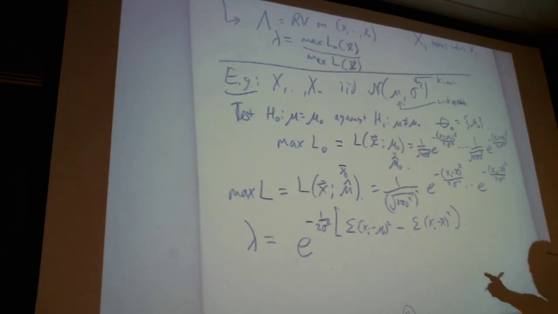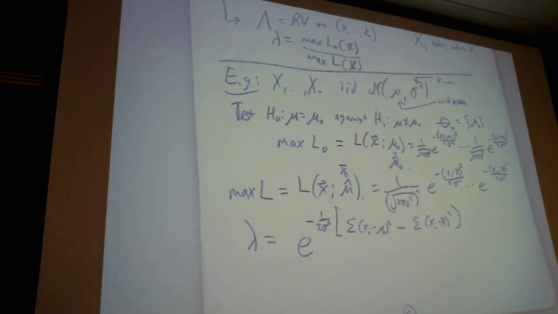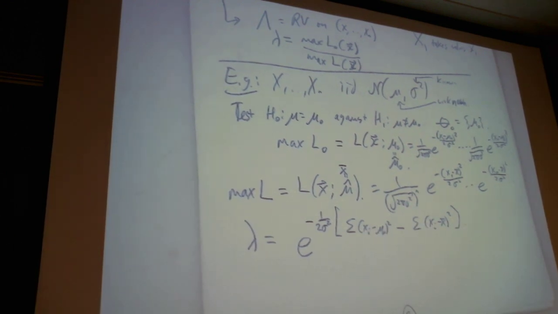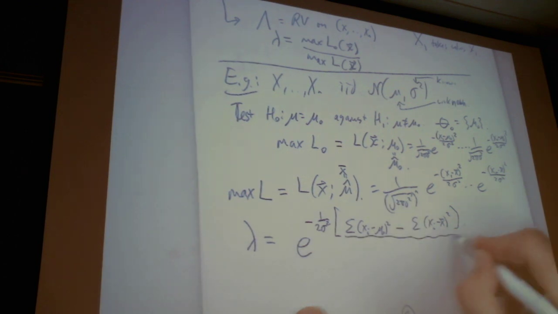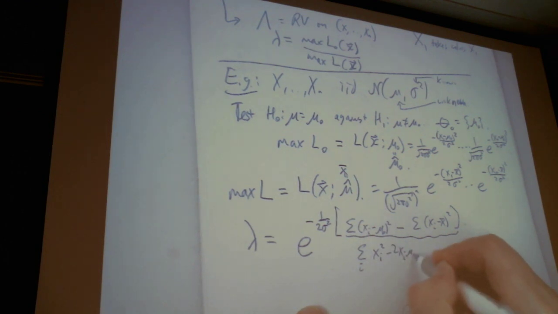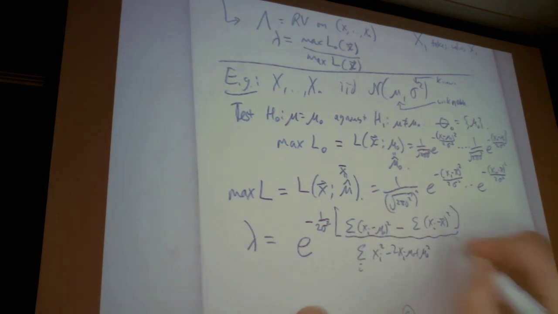Let's do a little bit of algebra. Let's simplify this. We've done this a lot of times already, but let's just do it again. This is going to give me xi squared minus 2xi mu0 plus mu0 squared. This is going to give me minus xi squared minus 2xi x bar plus x bar squared.